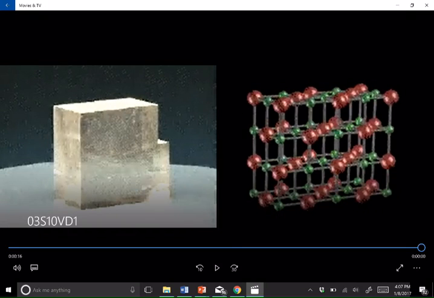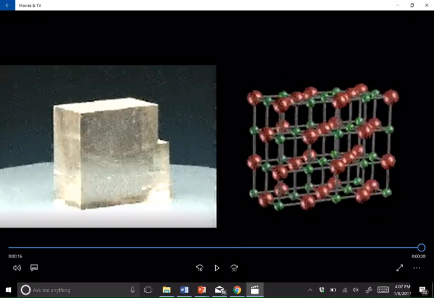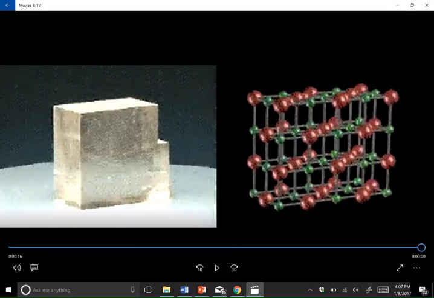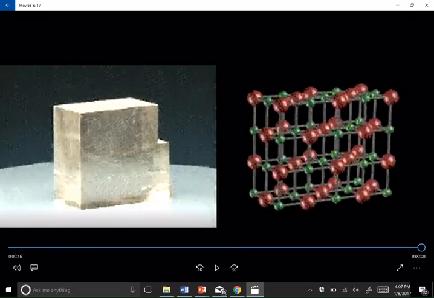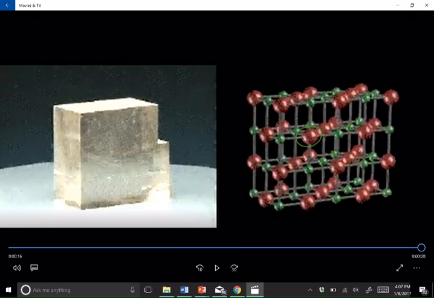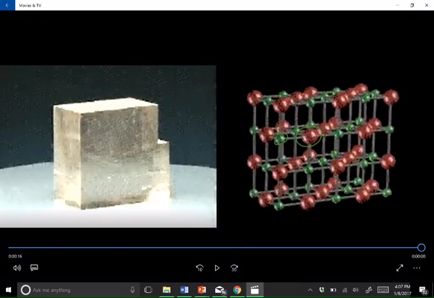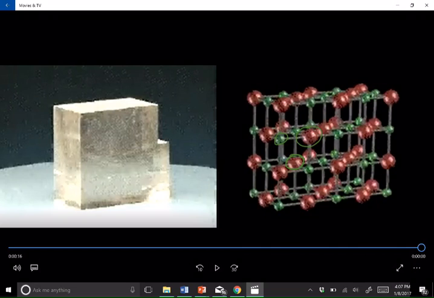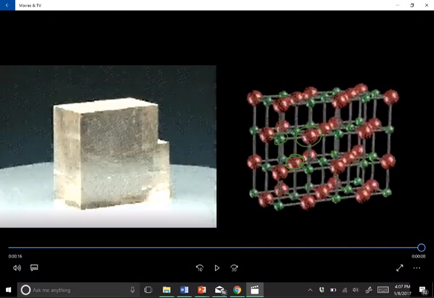Before I leave this, I want to show you, and I say it's complicated, but it's not really that complicated. I'll go with green maybe. You see the red and the green. This is in its solid state, and the point here is that if you were to pick on any red, for instance, those are the bromide ions, it is actually connected to 6 other greens.